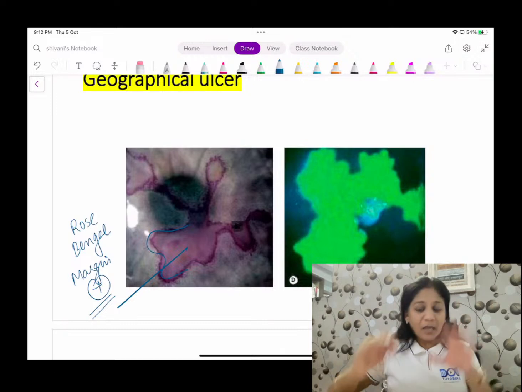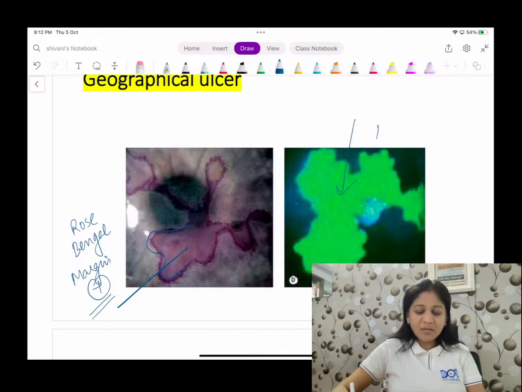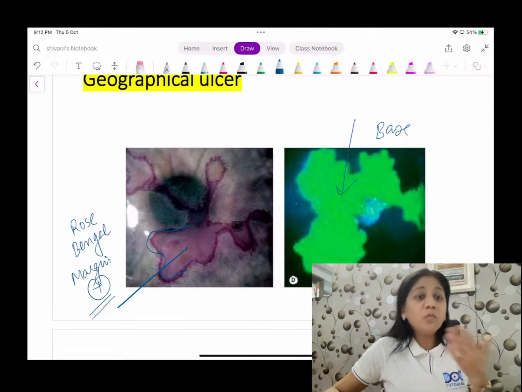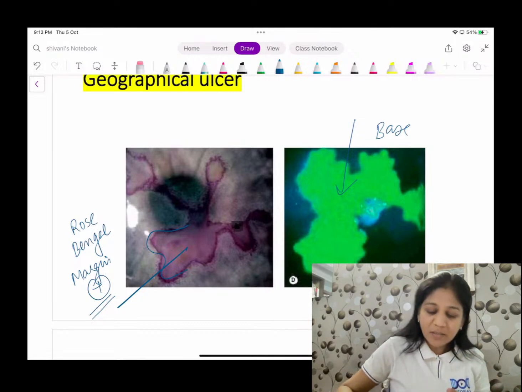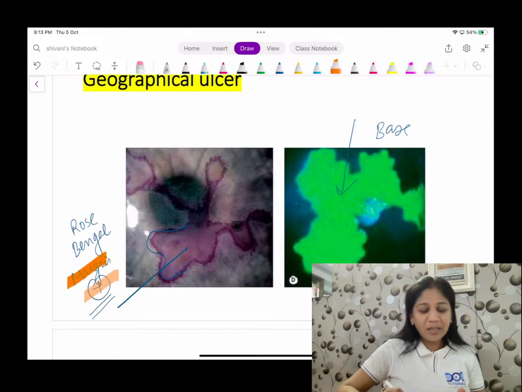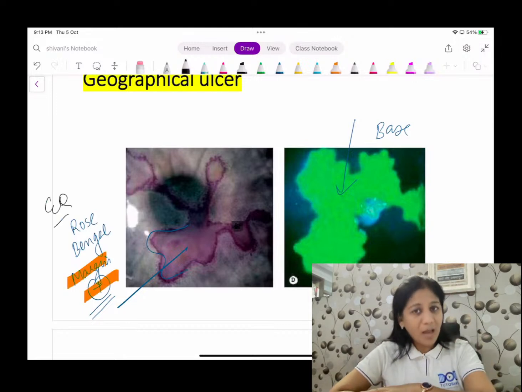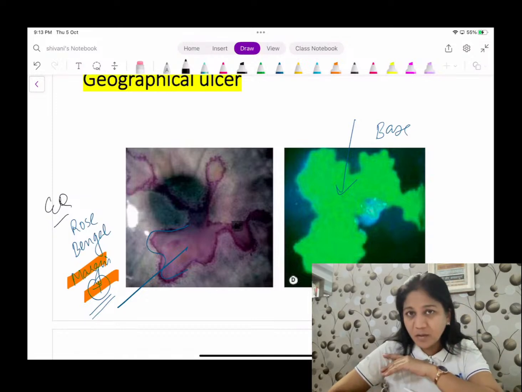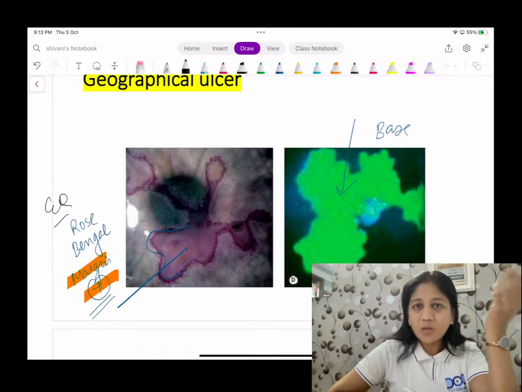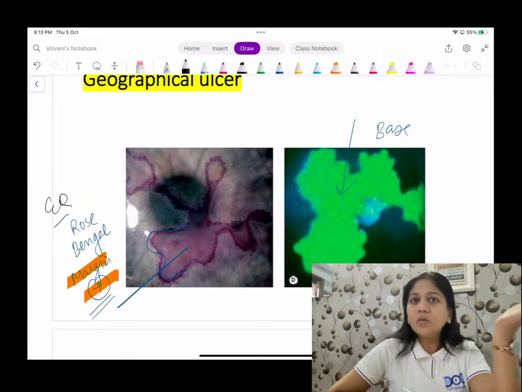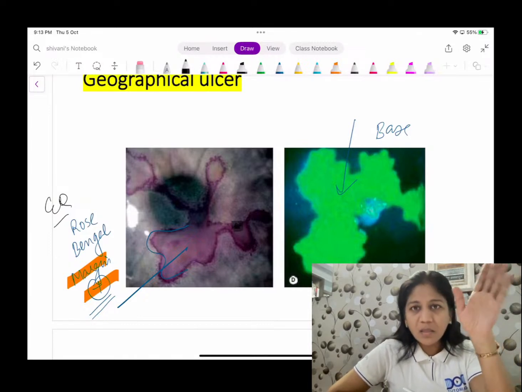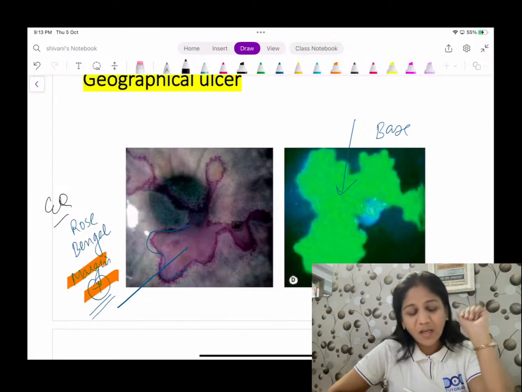Fluorescein stains the base of the ulcer, but rose Bengal stains the margin of the ulcer. Another important expected question: last year we had a question on which dye should be used first. They can also ask what exactly rose Bengal is staining. It is staining the margin of the ulcer, not the base.